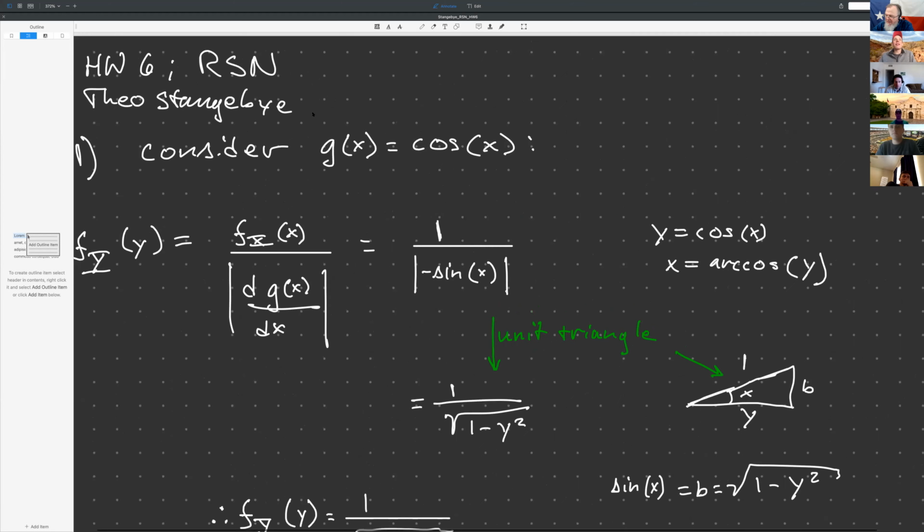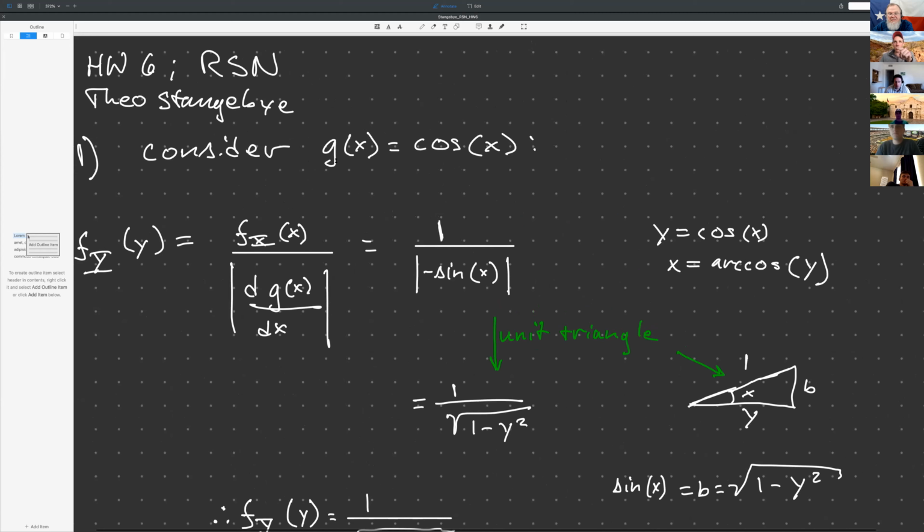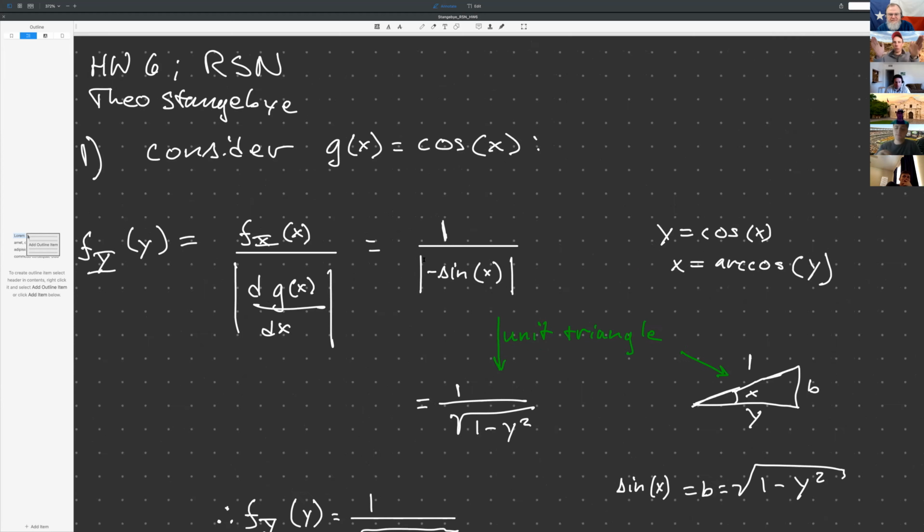Saves the battery. So we have a transfer function, g of x equals the cosine of x. Since our input distribution is a uniform distribution on 0 to 1, we can say that the function g of x is monotonic over that domain. So we just have one term in this equation. f sub y of y equals f sub x of x divided by the magnitude of the derivative of the transfer function.